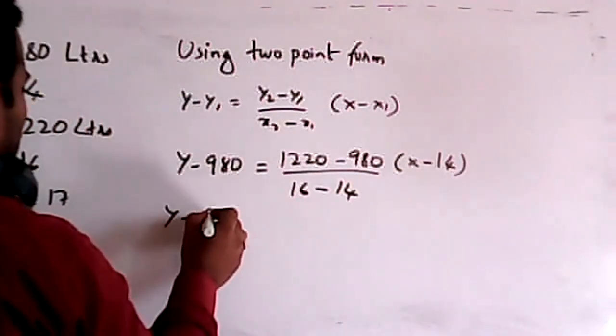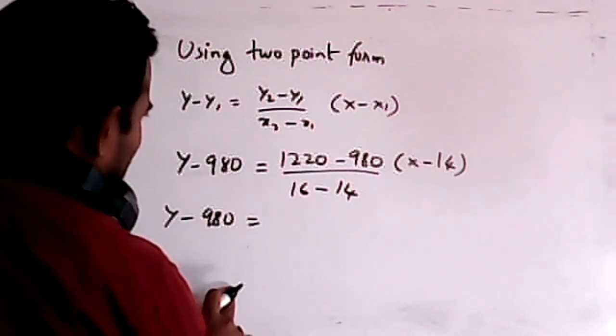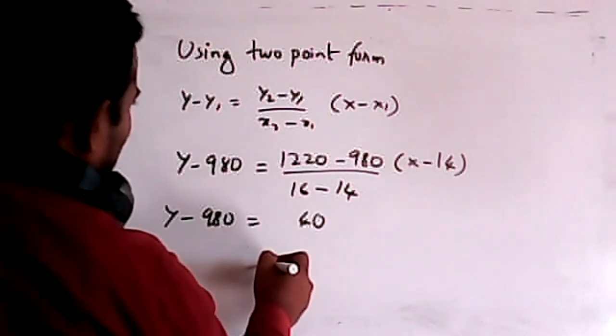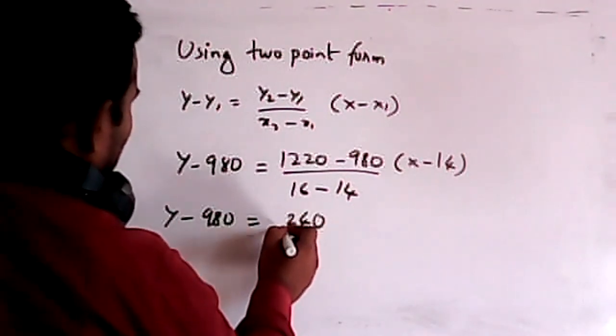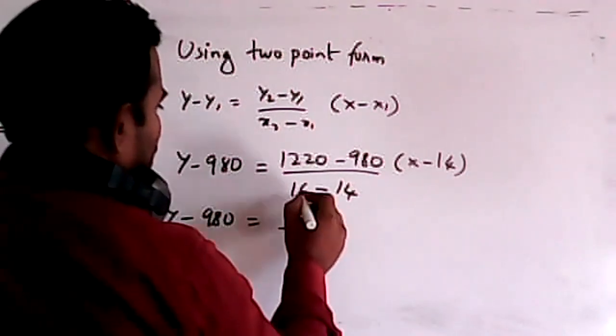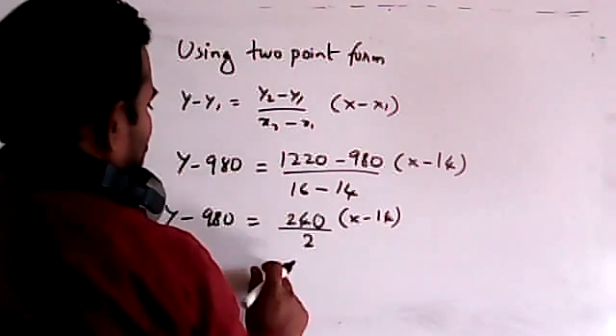For simplification: 1220 minus 980, that gives 240. Divided by 16 minus 14, which is 2, into x minus 14.